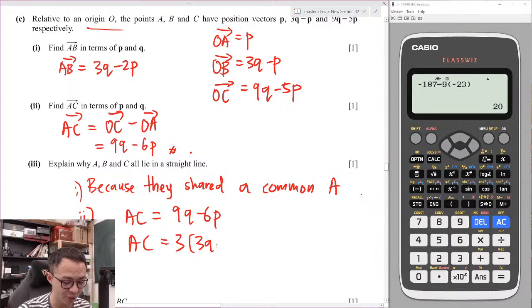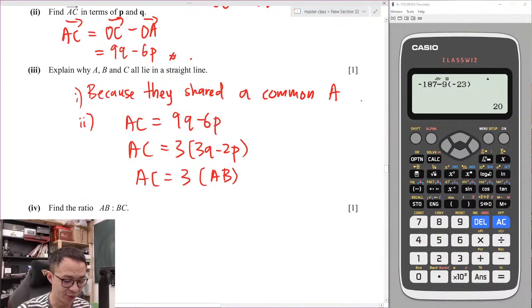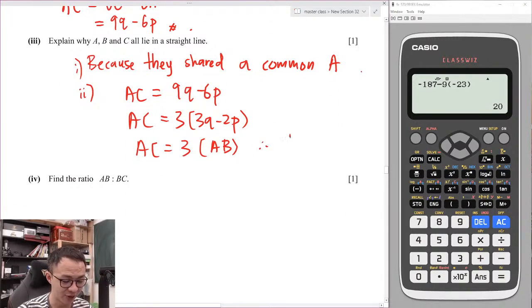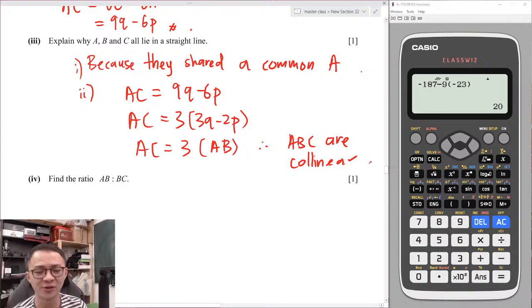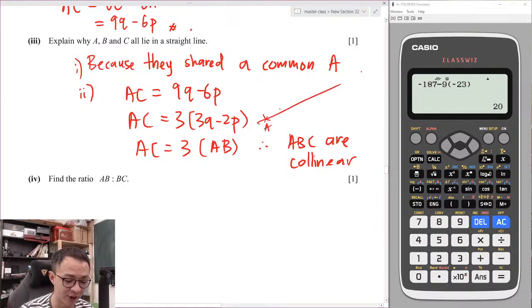You get 3 times 3Q minus 2P. Then AC is basically equals to 3AB, isn't it? So therefore, ABC are collinear. Yeah, you can do like this. Anything that makes sense to show that A, B, C are on the same line, we call collinear. ABC, sorry, not ABB.